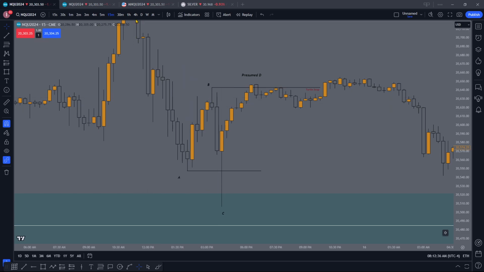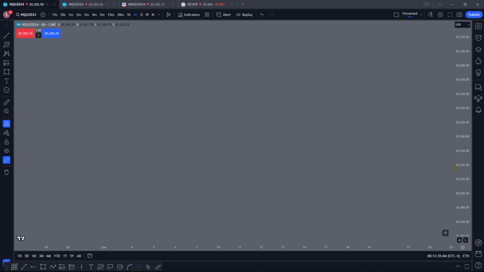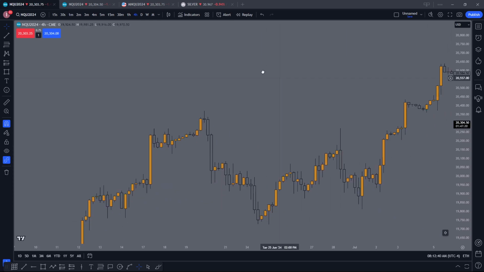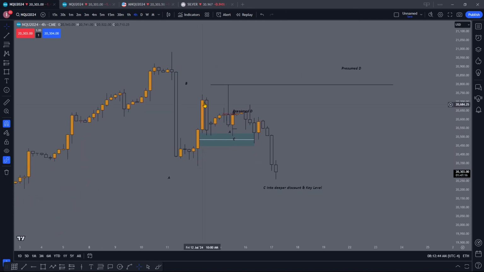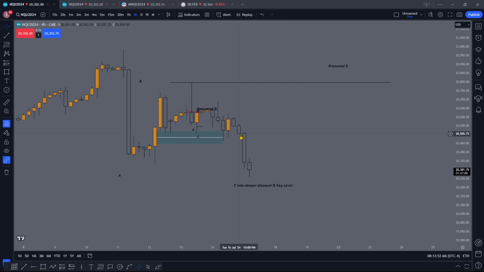Let's connect this to the 4-hour. A initiates buyers, willing sellers here. The same thing I mentioned on the 15 minutes. We drop lower, displacement. This imbalance here was not created for no reason.